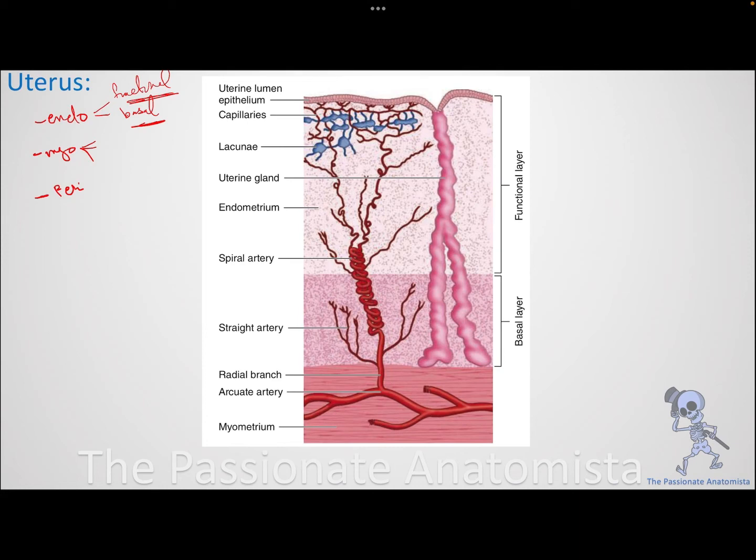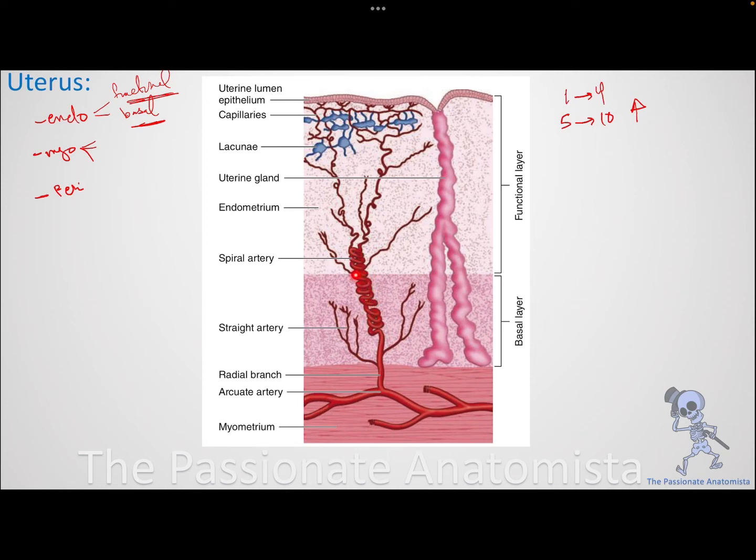And the last one is the perimetrium, where peri means surrounding, which is the connective tissue layer that surrounds the whole organ. Now, talking about the functional layer and basal layer, you need to know that this is the one we build up as we build the endometrial lining. From day 1 to day 4 is menstruation. Here you are shedding what you've been building up previously, and then from day 5 to day 10, in the proliferative phase, you are building up more and more epithelial cells and uterine glands, getting blood from the uterine artery, which branches off until it gives you the spiral artery.